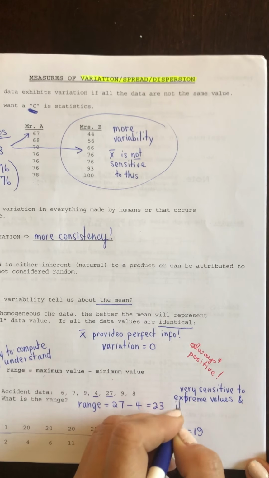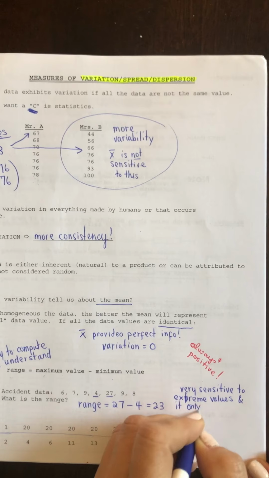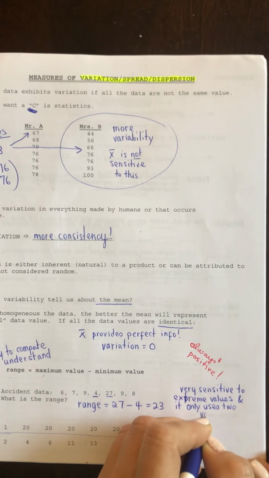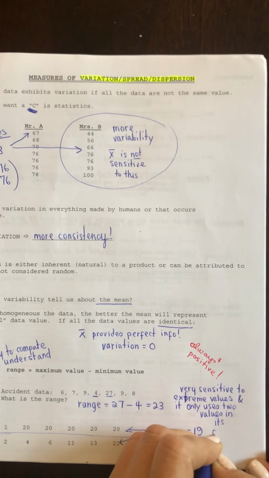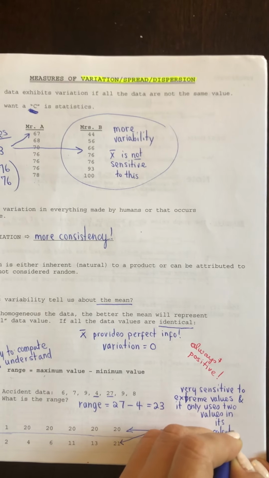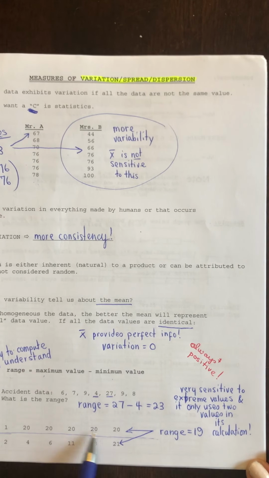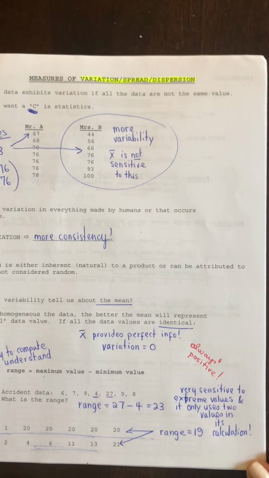And it only uses 2 values in its calculation. In other words, it just uses the highest and the lowest value, but ignores everything that's going on in between here. So it only uses 2 of the numbers, and if they're extreme, it's really going to mess everything up.